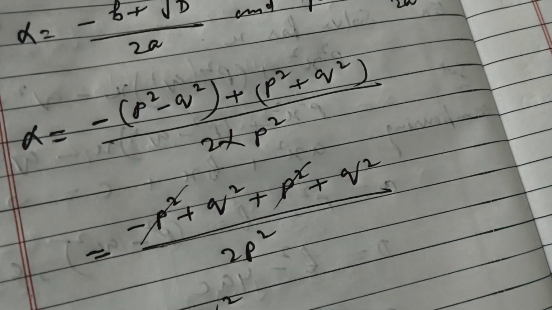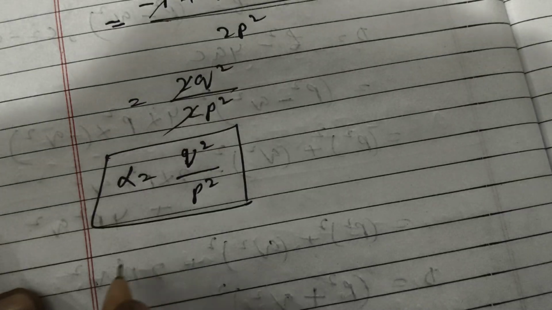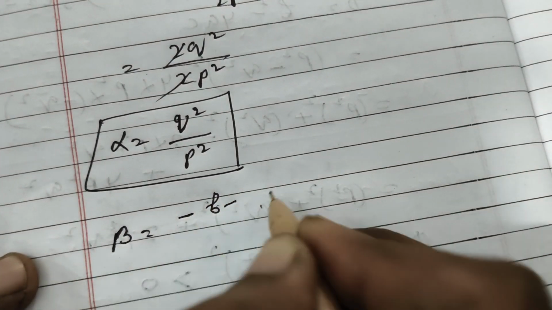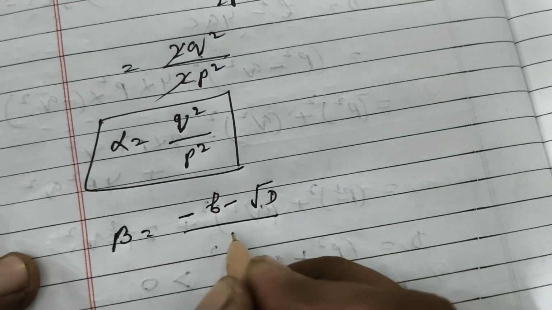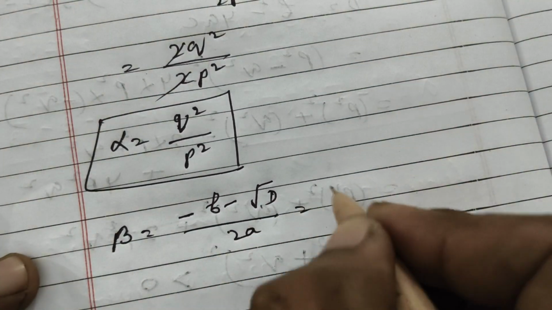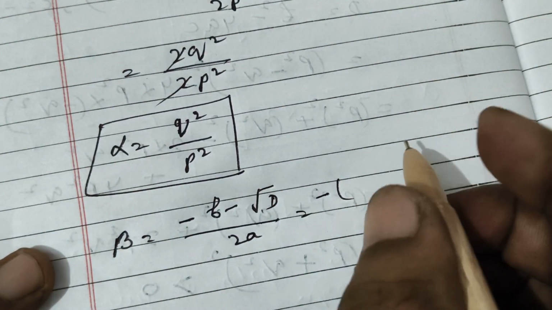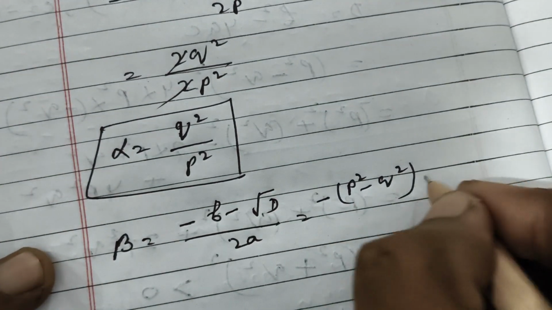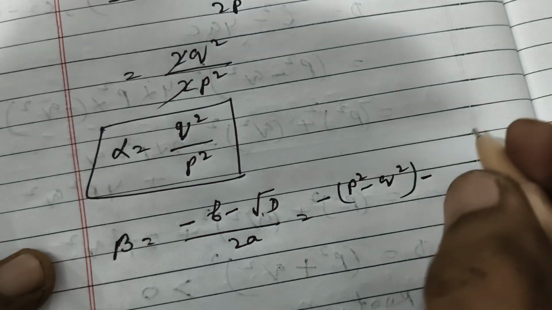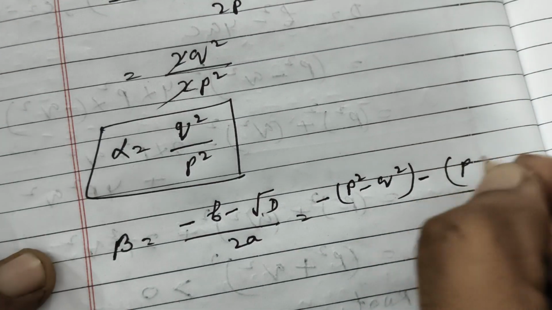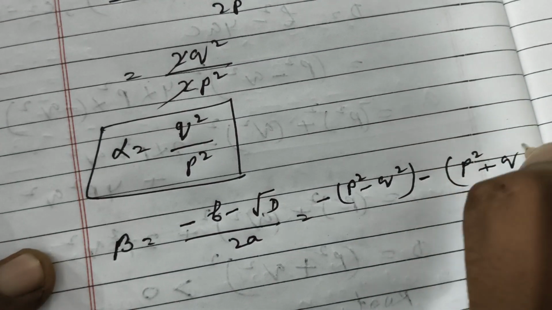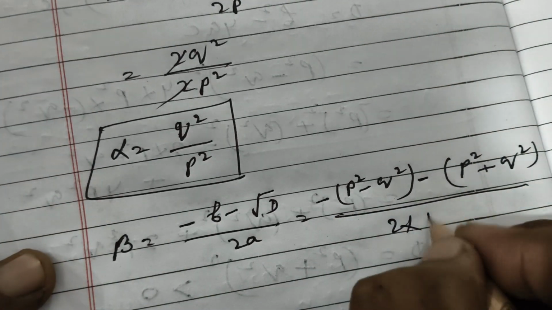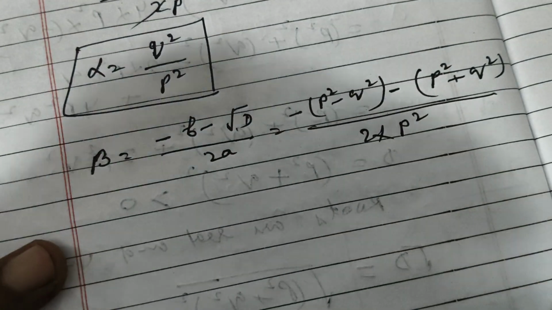Now we have to find the value of beta. So beta is equal to minus b minus root d upon 2a. The value of b is p square minus q square, and the value of d is p square plus q square. So in bracket we will write p square plus q square divided by 2 into a. The value of a is p square.